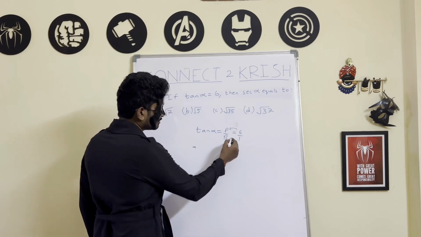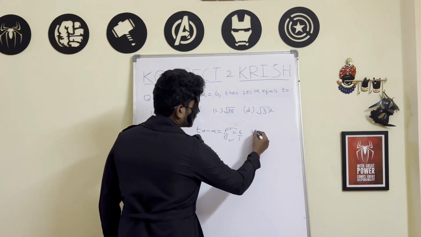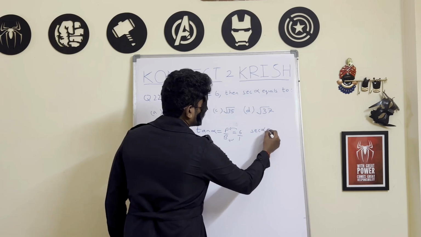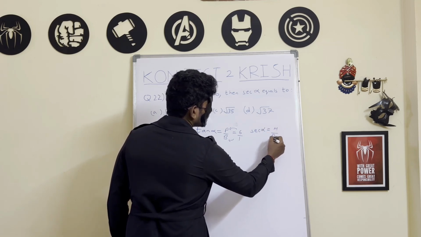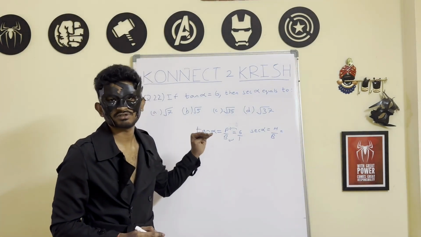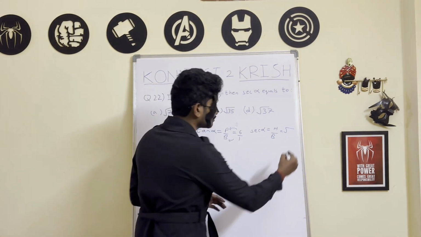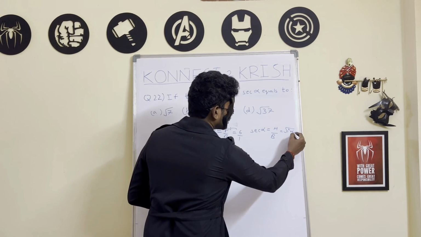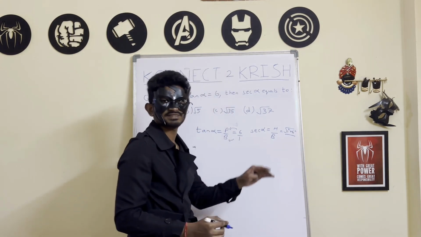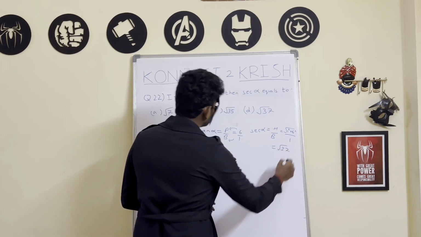So 6 will be perpendicular, base will be 1, and secant alpha is nothing but hypotenuse by base. Hypotenuse is nothing but square root of perpendicular square plus base square, so it will be square root of 1 square plus 6 square, by base is nothing but 1, so this will be under root of 37.